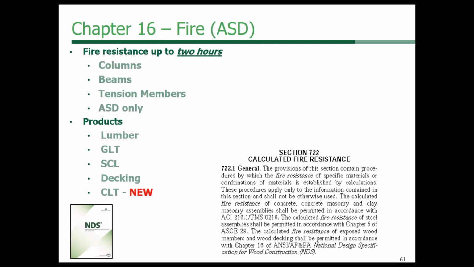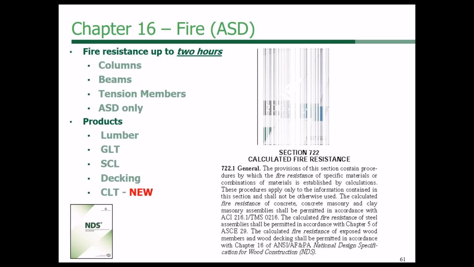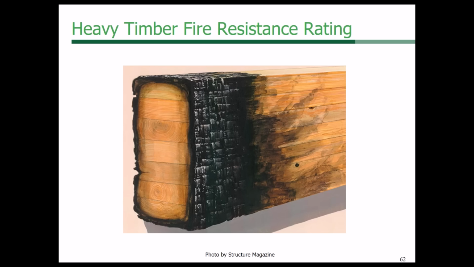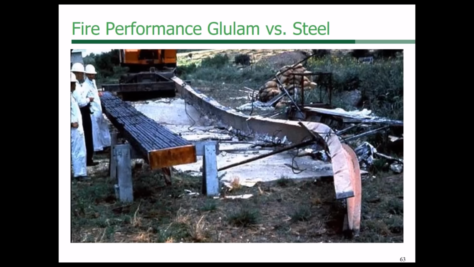The other aspect from a safety standpoint that we talk about is fire. The NDS has incorporated cross-laminated timber into the requirements for calculating fire resistance. This is also adopted under the IBC, Chapter 7, Section 722, for calculating the fire resistance of an exposed wood member, similar to what is shown here for glue-laminated timber. We're building in a sacrificial layer that will char, slow down the fire, and prevent it from burning any further.